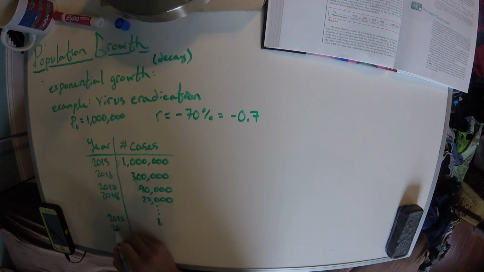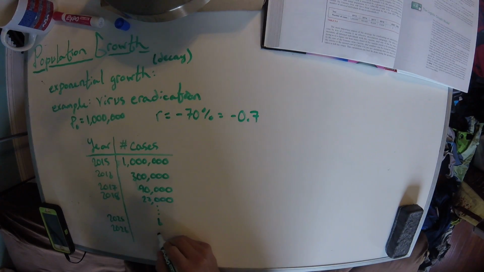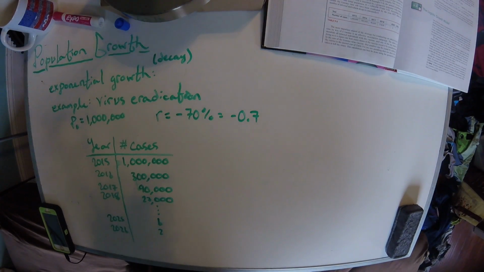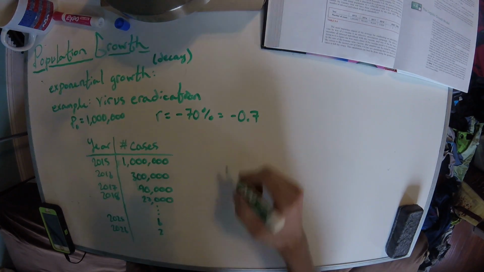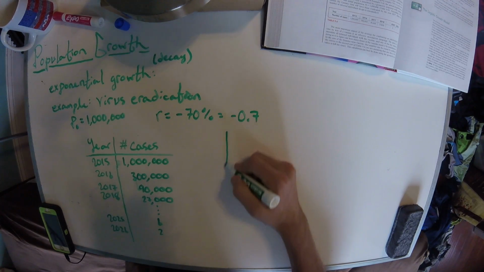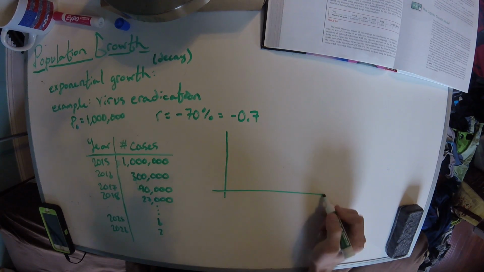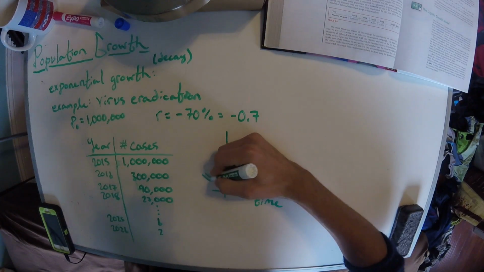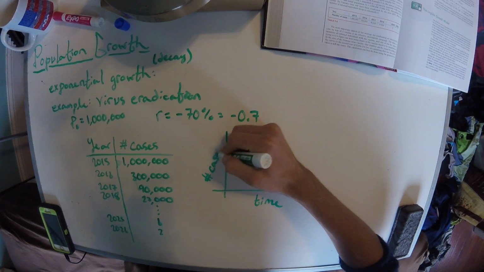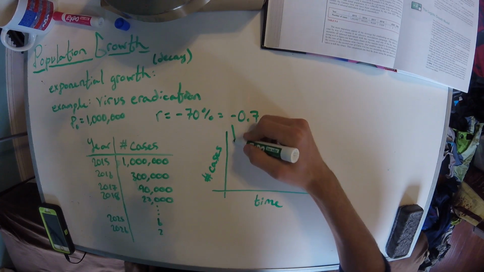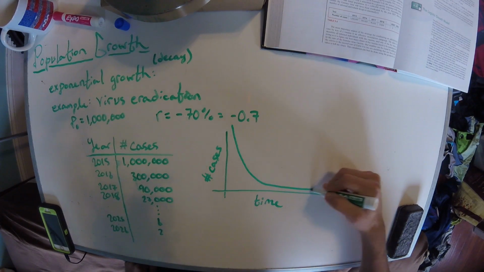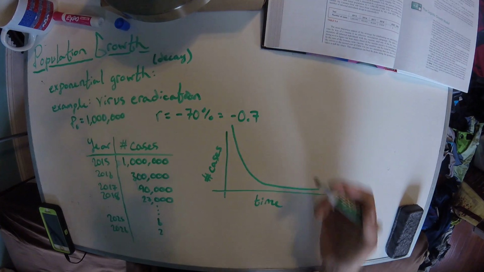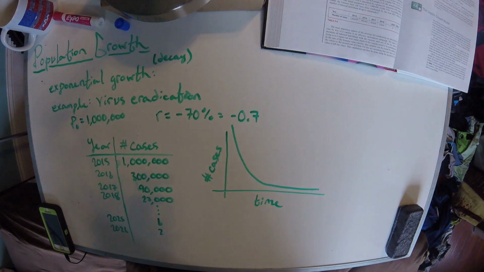In the year 2026, we should have 2 cases. So on a graph as a function of time, this will be asymptotically approaching 0. And this is what exponential decay looks like.